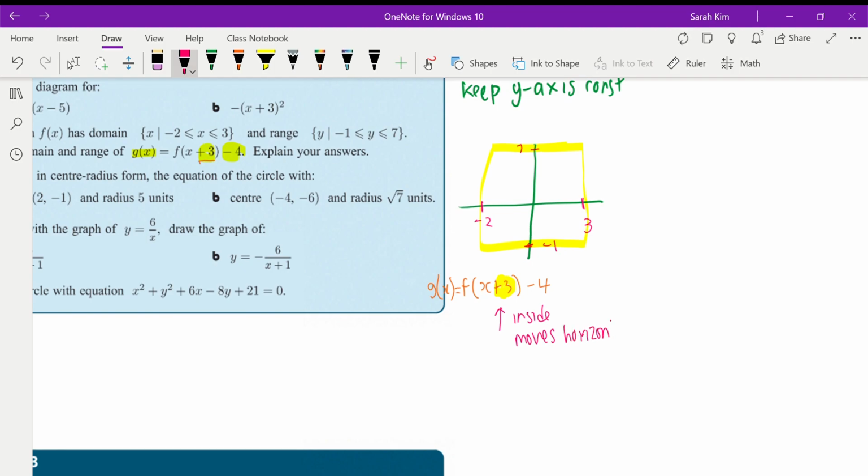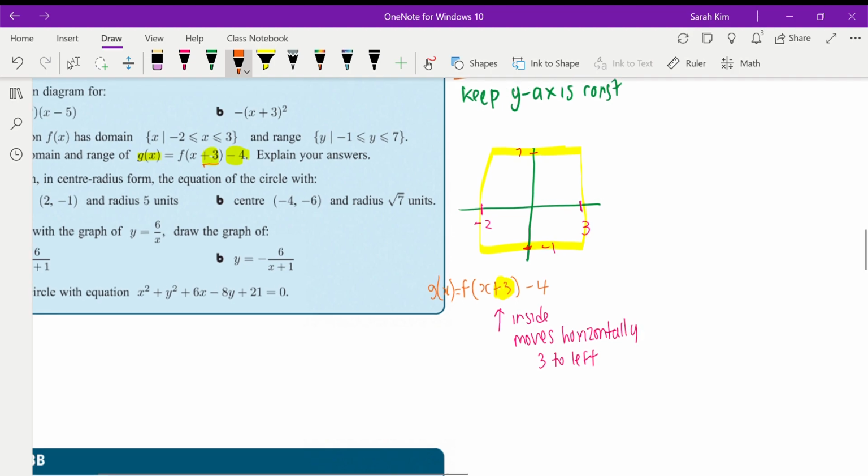Now, as I said, because it's a positive 3, it will go -3. So I should write left 3. So you go 3 to the left. So have a think about it. Let's do that first. You've got this little box region. Basically what that does is each individual range and domain gets moved 3 to the left.